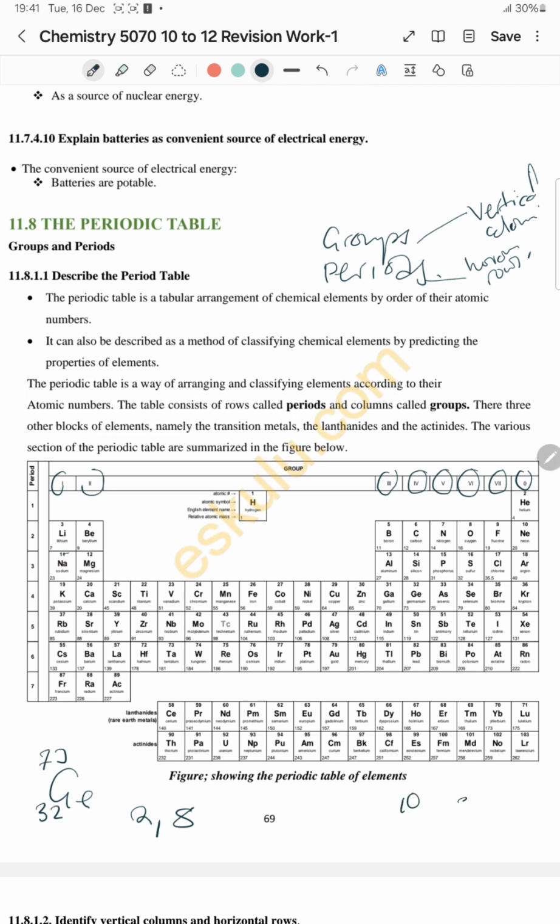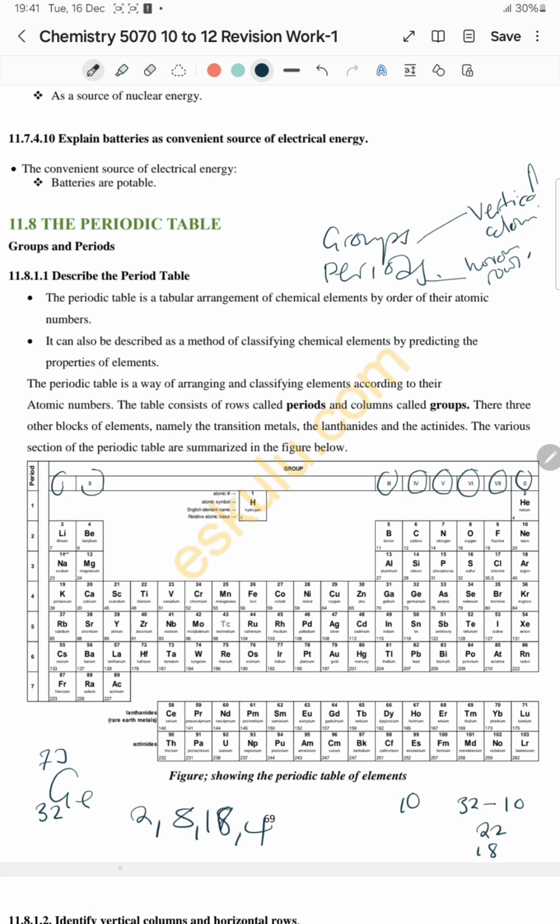So 32 minus 10 gives us 22. What is the number of electrons that are stable and nearer to 22? You find that it is 18. So here you write 18. Now, when you subtract 22 minus 18, you get 4. So you write this 4.